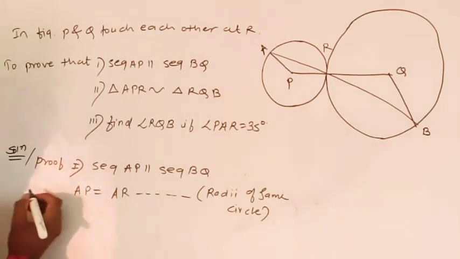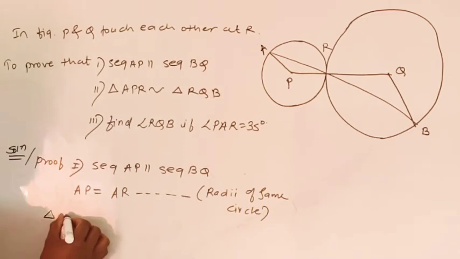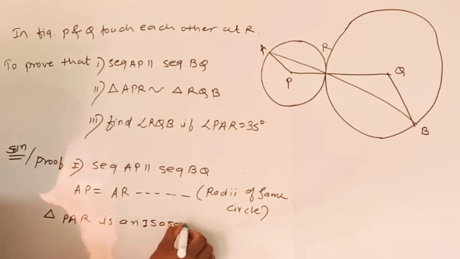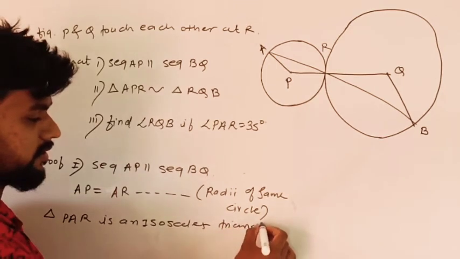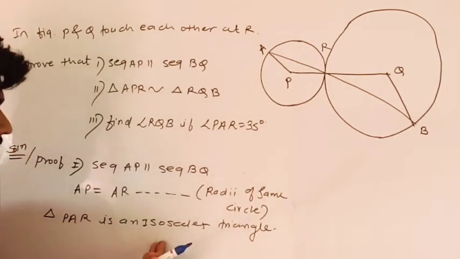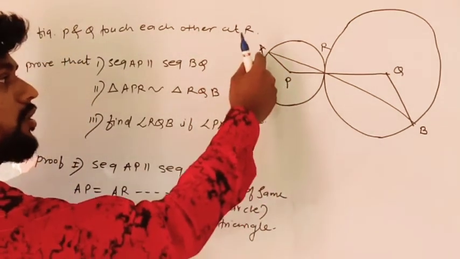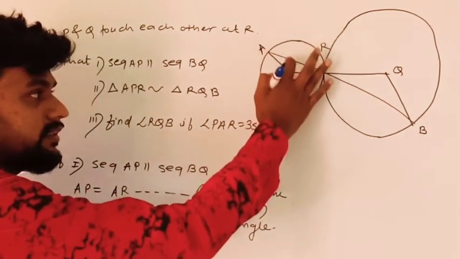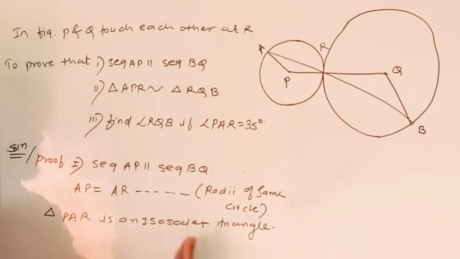That's why we can say that triangle PAR is an isosceles triangle. Why is it isosceles? Because if two sides are the same, then the triangle is called an isosceles triangle.